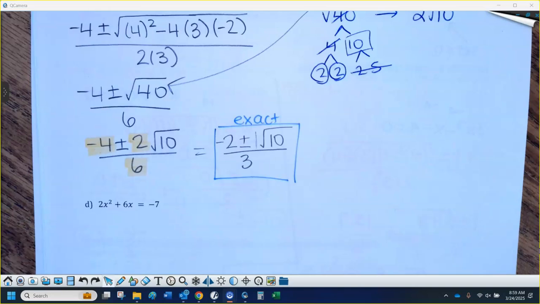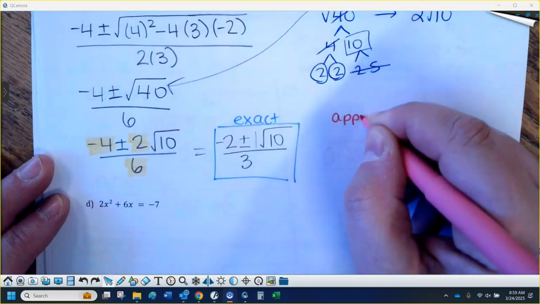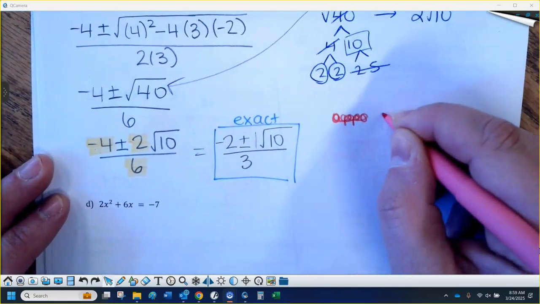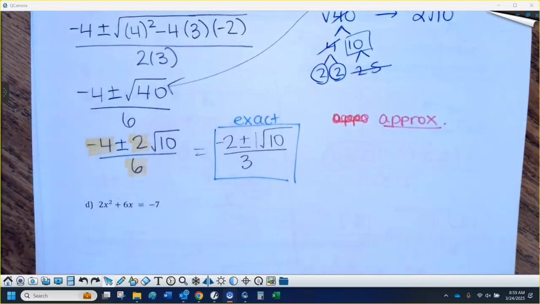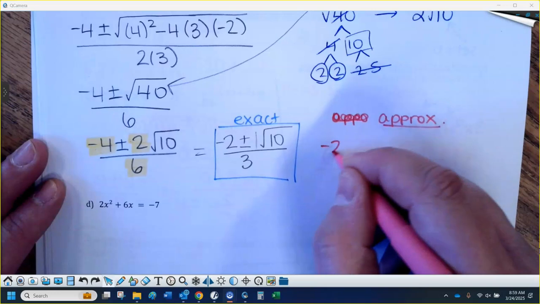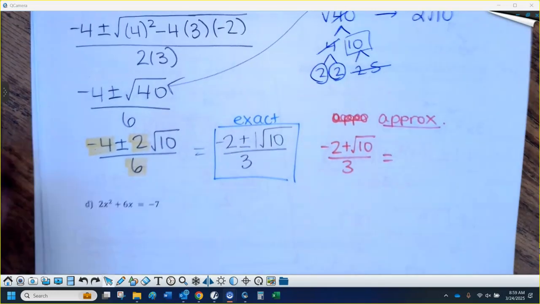But if you have an exact answer, you can also write an approximate answer. To do the approximate answer, all you're going to do is type this into your calculator. I'm going to do -2 plus the square root of 10, and then I'm going to divide that by 3.